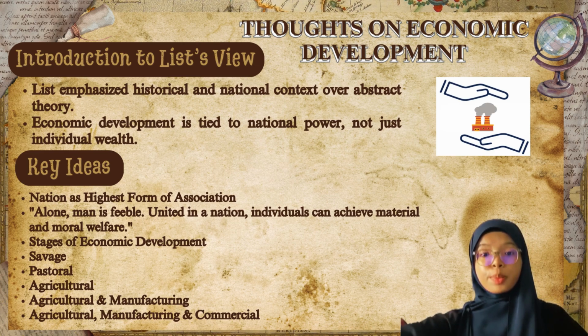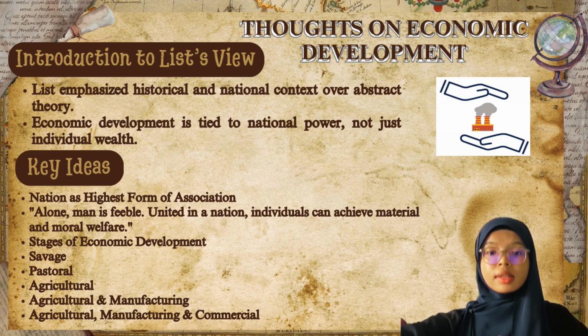Now, let's explore Friedrich List's views on economic development. Unlike abstract economists of his time, List emphasized the importance of historical and national context. He believed economic development should serve the nation's power, not just individual wealth. For List, a strong united nation was the foundation for both material and moral well-being.